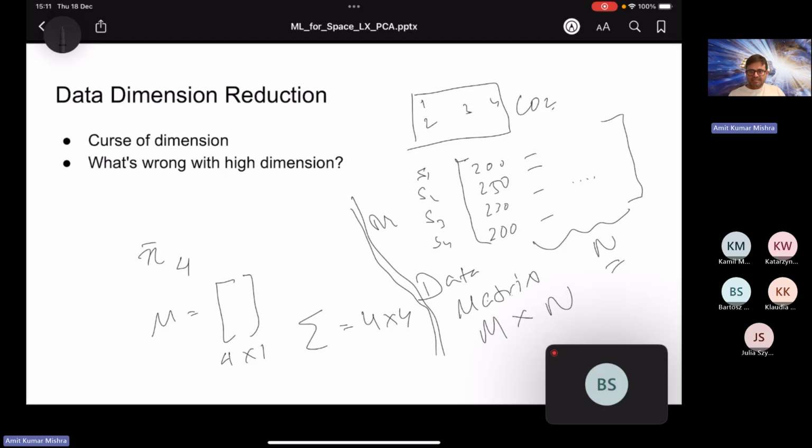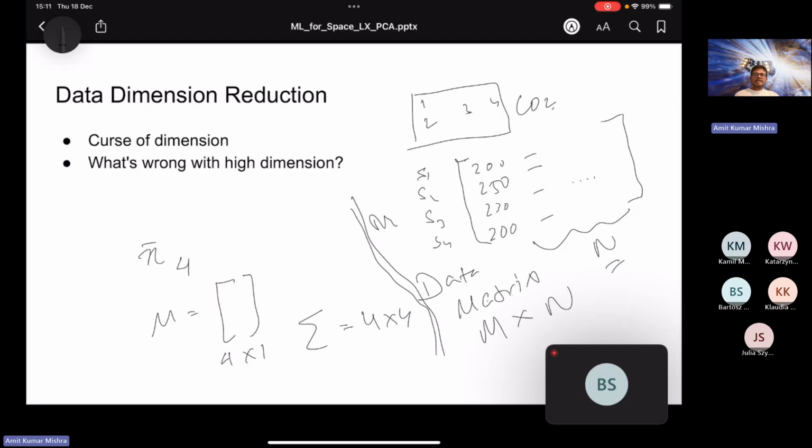For example, let's now come to the other extreme, image processing. Let us say you are dealing with images, and each image is, let's say, 2 megapixel. 2 megapixel means every image has got 2 million data points. If there are 2 million data points, it implies that to represent that data statistically, you will require a covariance matrix whose dimension is 2 million cross 2 million.